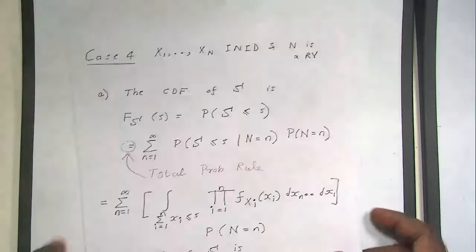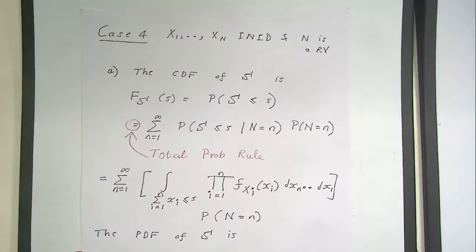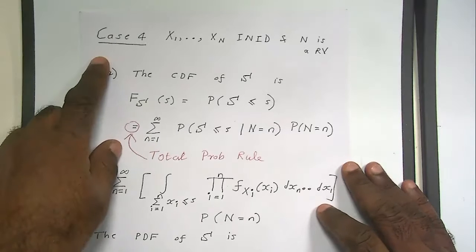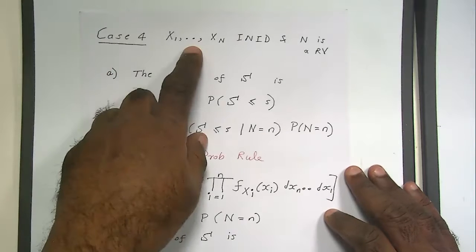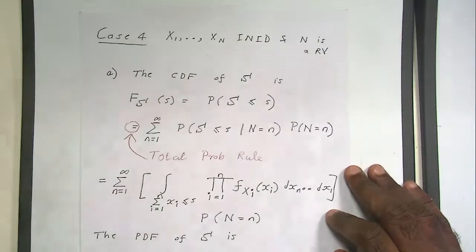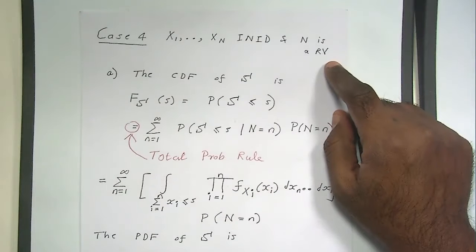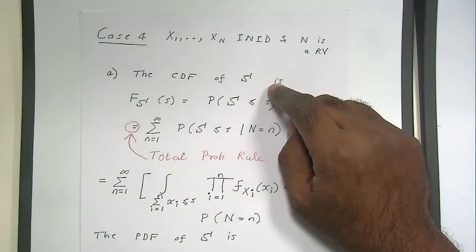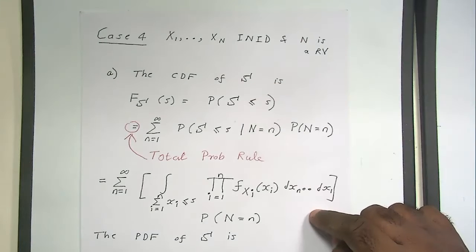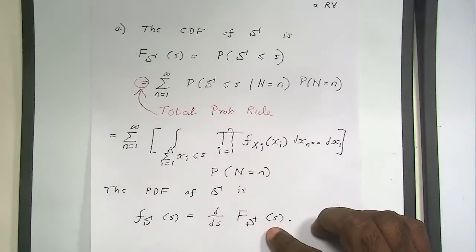So let me summarize what I did yesterday. Yesterday I started talking about case 4 portfolio theory. This is where the losses are INID, and the number of investments is a random variable also, right? I showed you yesterday that the CDF of S, the total portfolio loss, can be expressed like this, and the PDF is the derivative of the CDF, right?